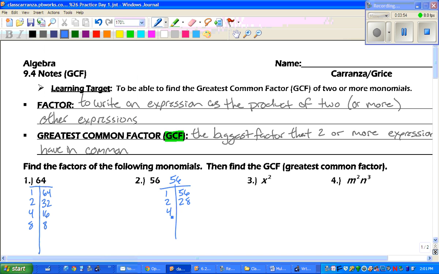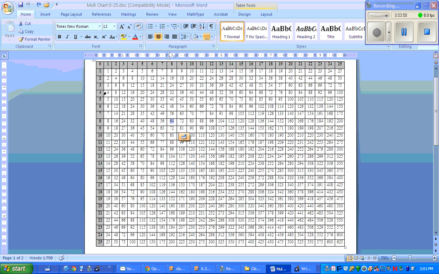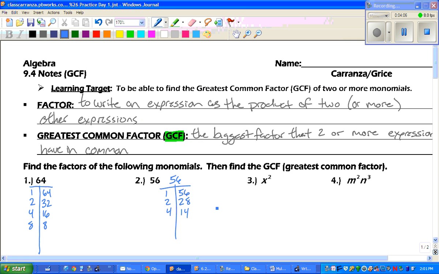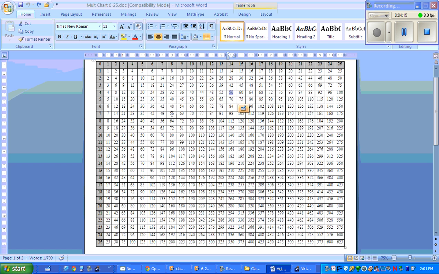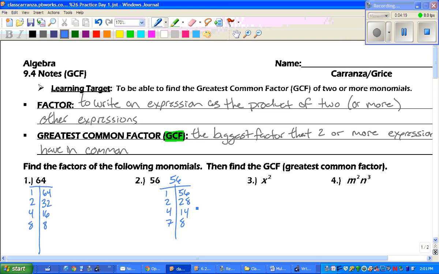So 4 and 14. You could have done the same thing by looking at the chart. Does 5 go into it? No. Does 6? No. Does 7? Yes, it's 7 times 8. And now we've started repeating the numbers, so we know we're done.